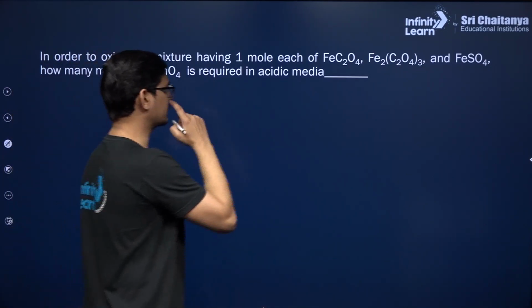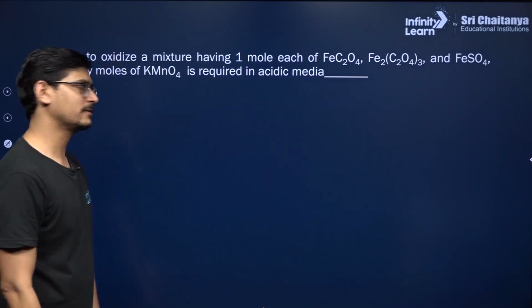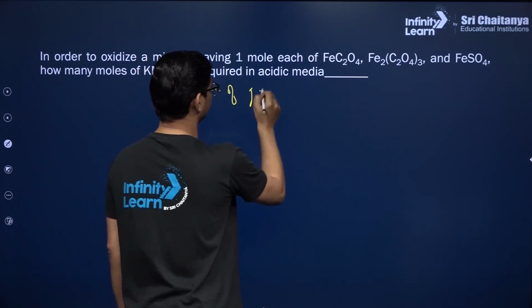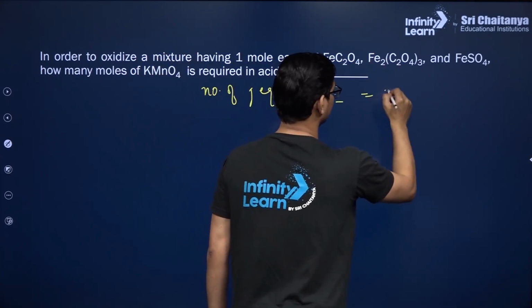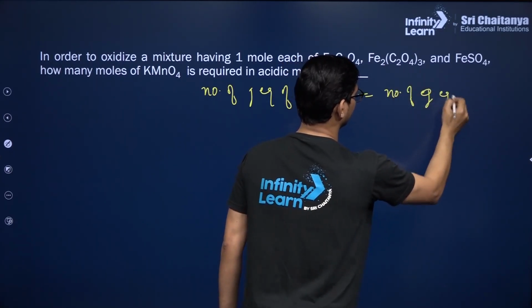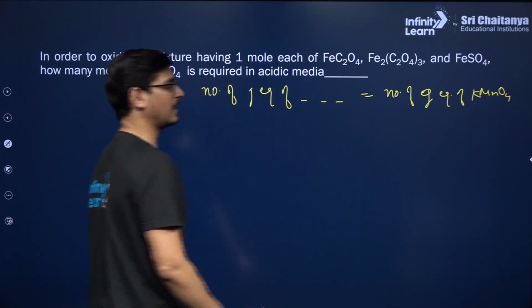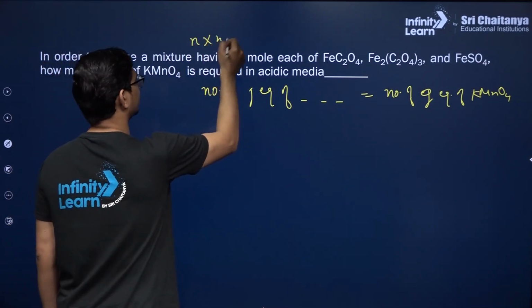In order to oxidize a mixture having 1 mole each of these, how many moles of KMnO4 are required? So very simple, guys. The number of gram equivalents of all these compounds should be equal to the number of gram equivalents of KMnO4. Now please remember, number of gram equivalents, just like normality, is number of moles multiplied by n factor.